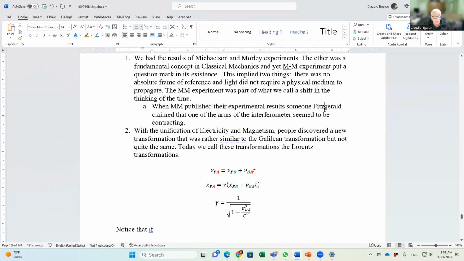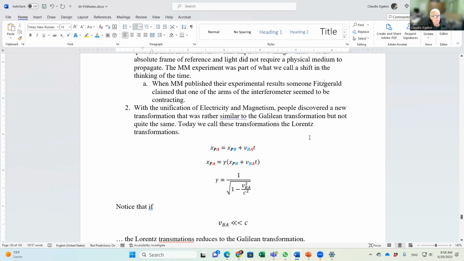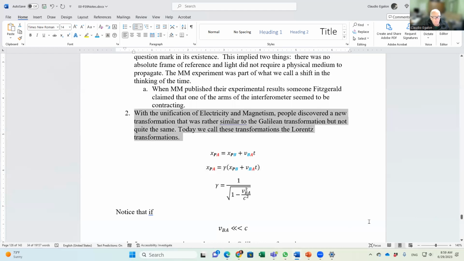That's when the physicists started to pay more attention, because Lorentz was seen as a much more respectable scientist, okay? And then came Einstein. That was the mess that physicists were caught in at the time.